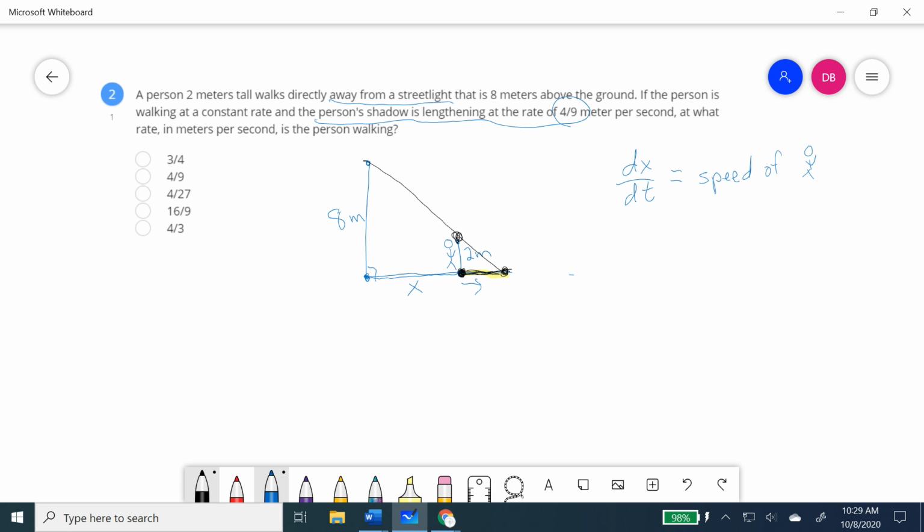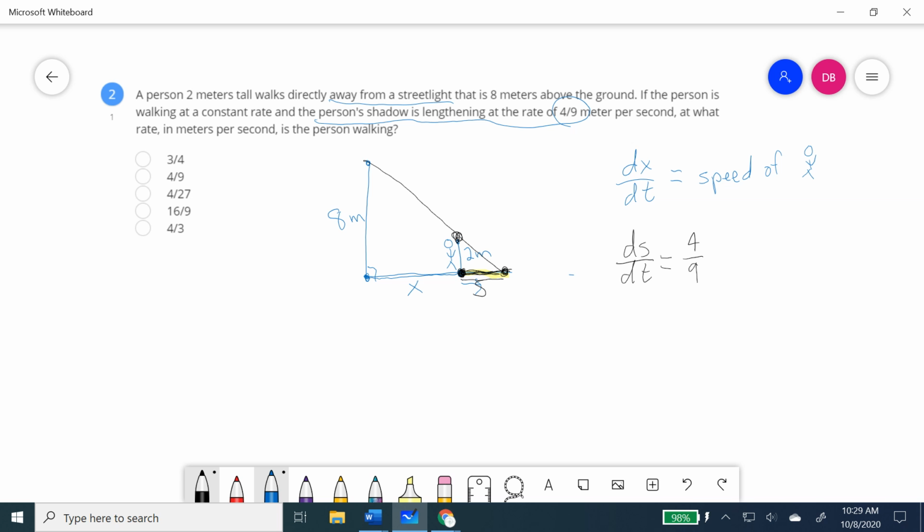So I'm going to put an S for shadow, and that is this distance. It includes 2 moving points. So know that it is not the rate of change of the person walking. It is not the rate of change of the tip of the shadow. It is the rate of change of the length of the shadow. And it said it was lengthening, so positive 4/9.